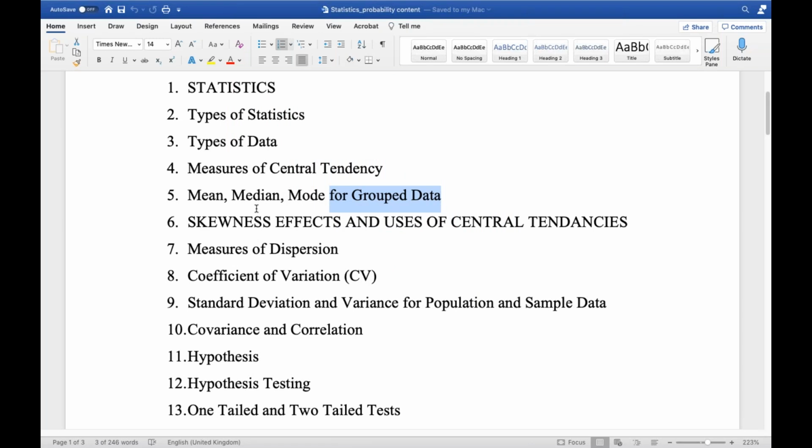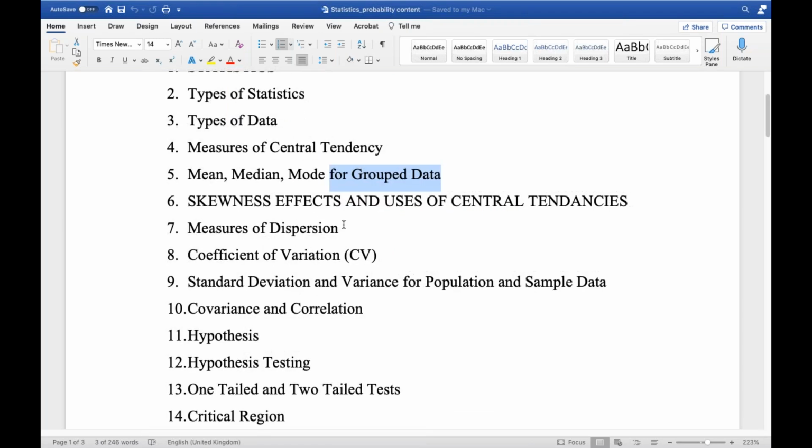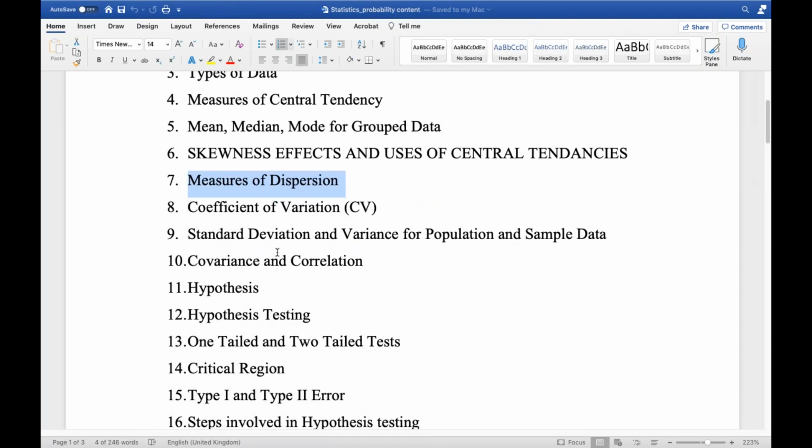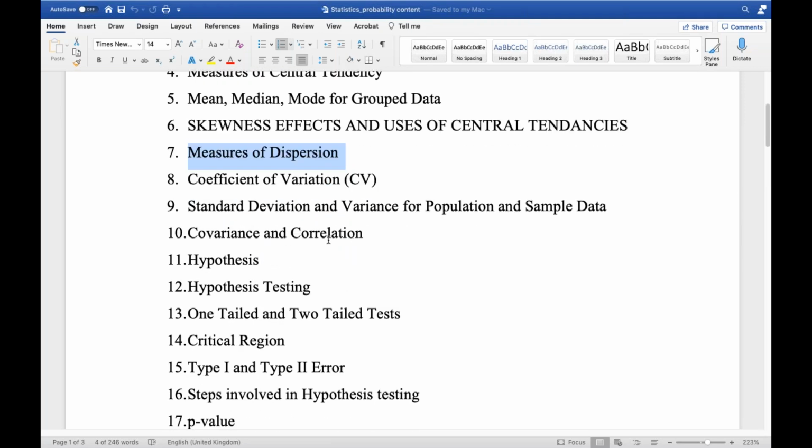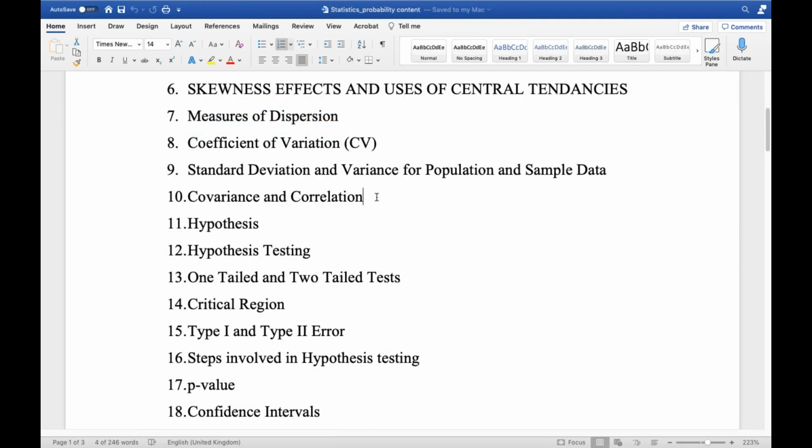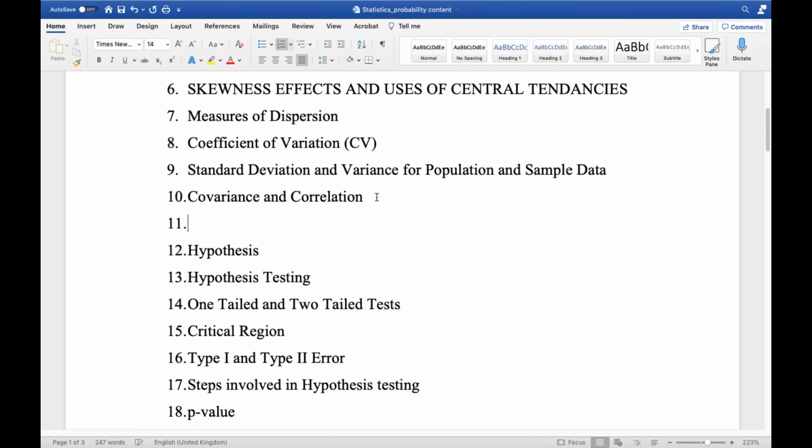Next, is there any skewness in your data, and how can we measure it. Then measure of dispersion and coefficient of variation, standard deviation, variance for population as well as sample data, covariance and correlation. So I think we need to understand multicollinearity as well. That is also one of the important things.